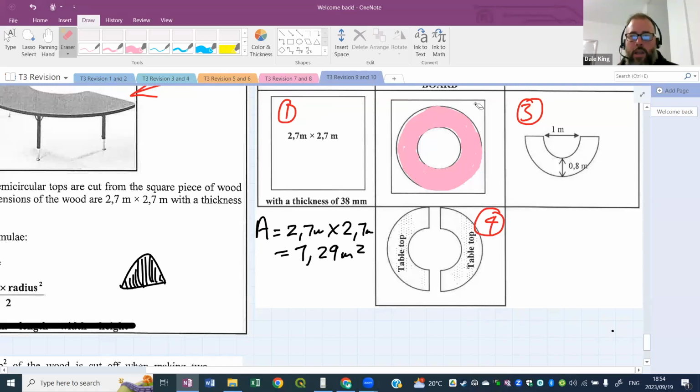They want to know the area of the white piece. So if I take the square piece and minus the pink, I'm left with all the white that's left behind. So we have to work out the area of this pink part and then subtract it from the area of the square.